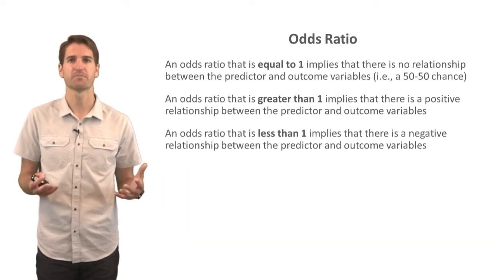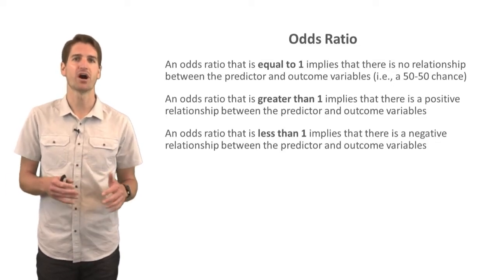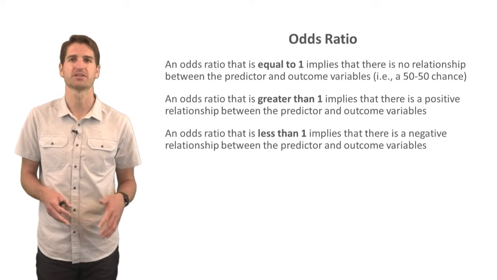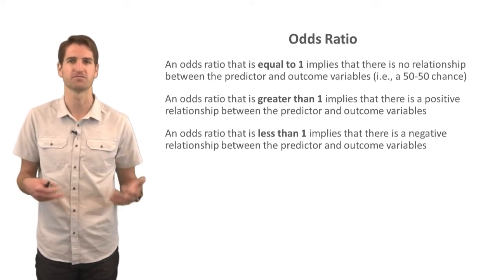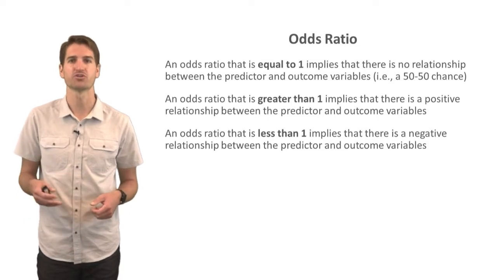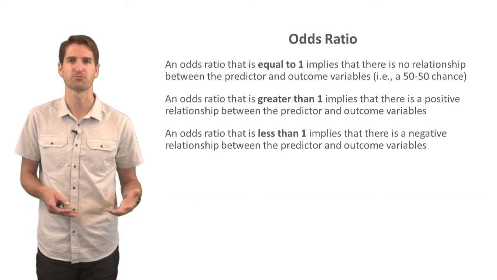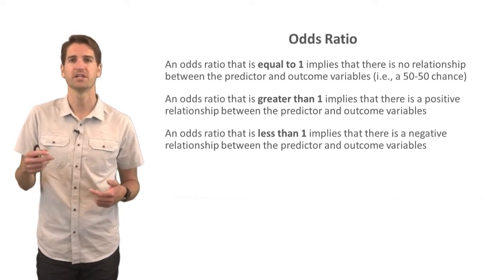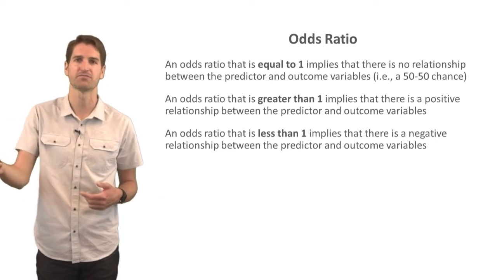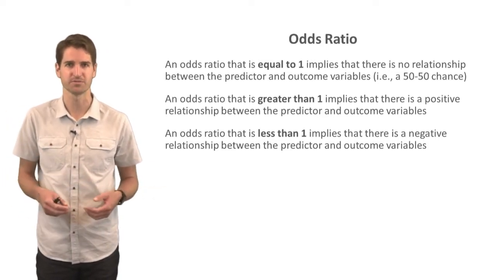So let's think about what an odds ratio actually means in terms of how to interpret it. An odds ratio that is equal to 1 implies that there is no relationship between the predictor and outcome variables. In other words, there's a 50-50 chance. Now, an odds ratio that is greater than 1 implies that there is a positive relationship between the predictor and the outcome variable, meaning higher scores on that predictor variable mean it's more likely for someone to be classified into the higher level of that outcome variable that is dichotomous in nature.